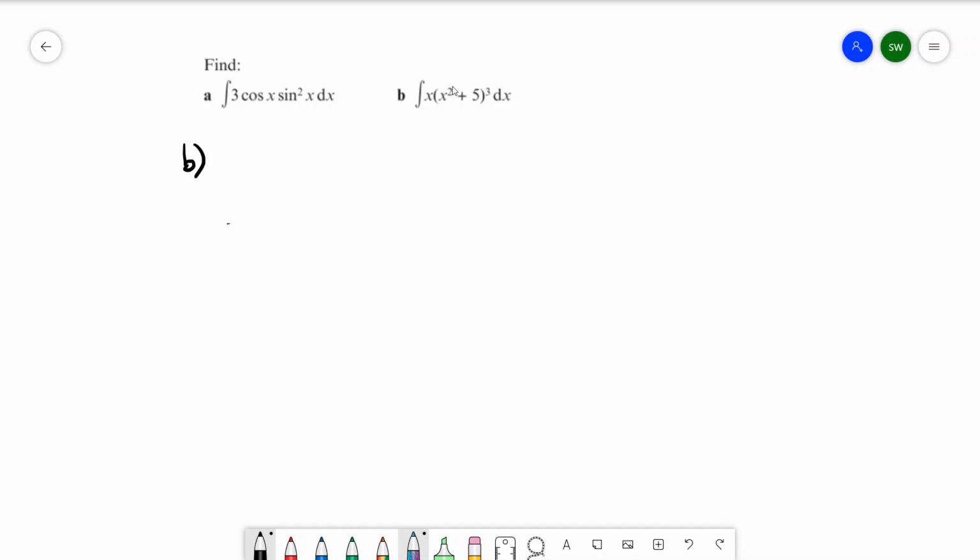Because if I just let u be x squared, then I'm going to end up with u plus 5 cubed. And I can make it simpler by saying, well, let's just make u the whole of this part inside the bracket, because then I'm just going to end up with u cubed, which will be nice and simple. So I'm going to let u be x squared plus 5, so that then the integral is x times u cubed dx.